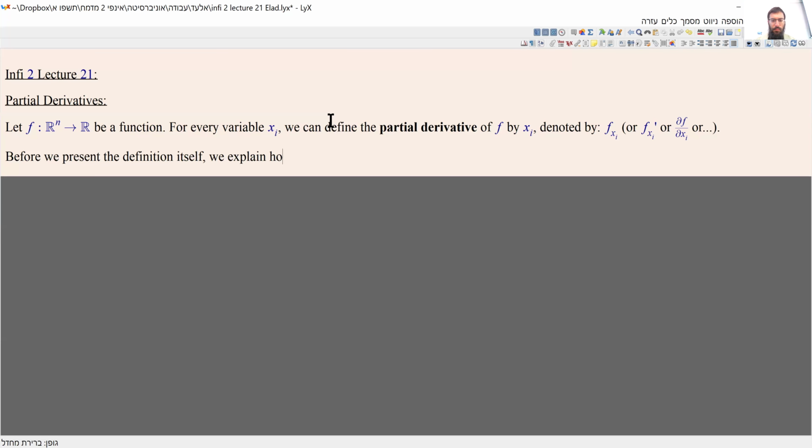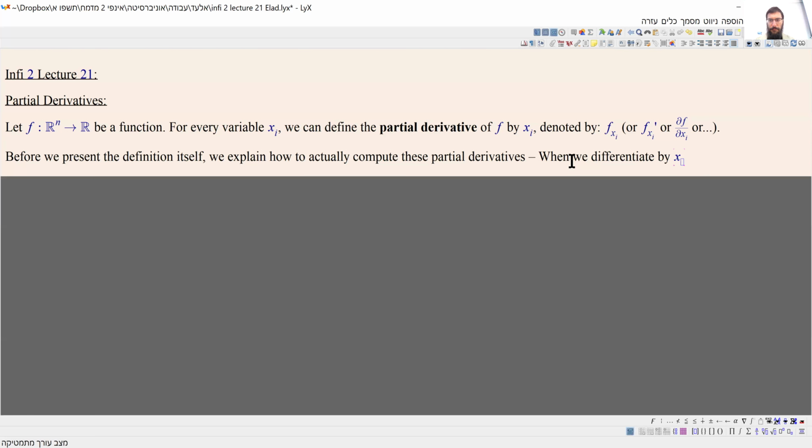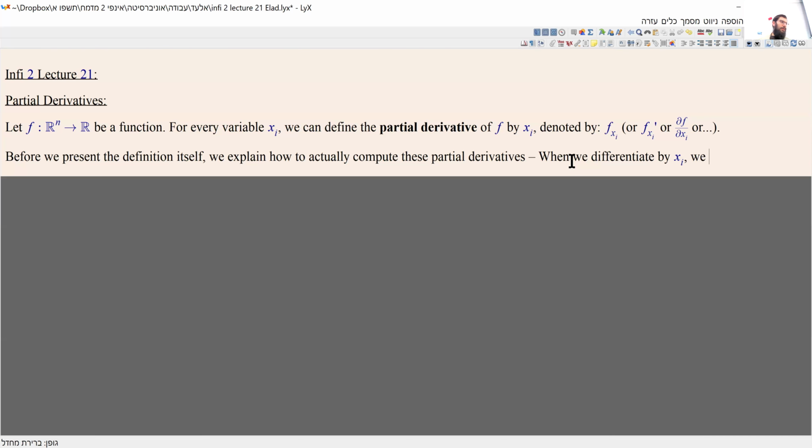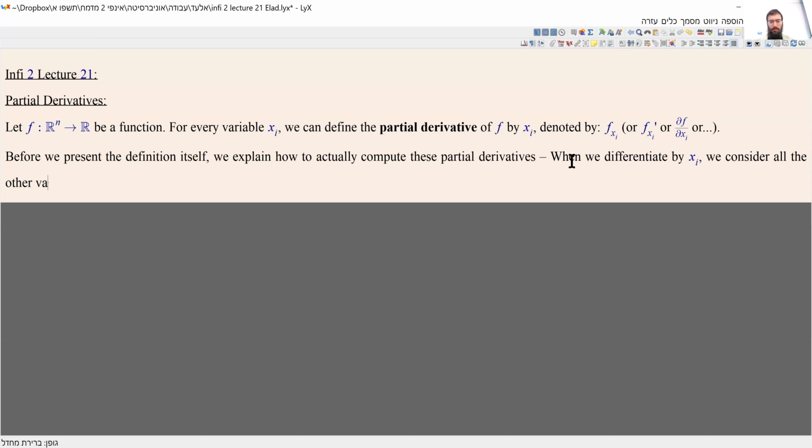When we differentiate by x_i, we think of all the other variables as constants, and we differentiate this way. Let's do some examples.